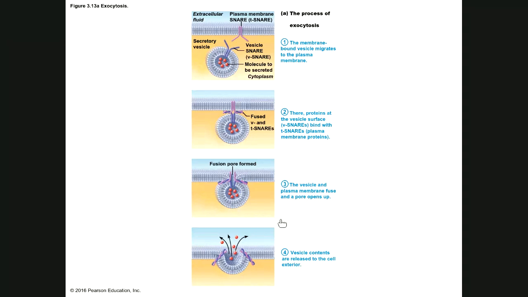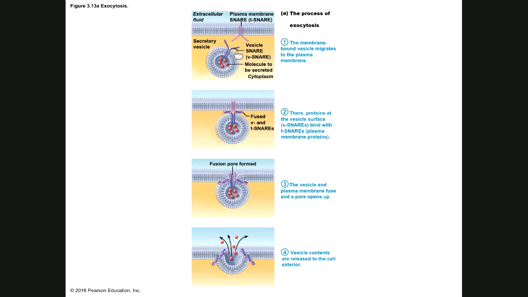Now, here is a picture of this whole docking process, and it's not nearly as complicated as it looks. So take up here, the top one, we have a secretory vesicle containing something that we need to exocytose. And notice that on the surface of this secretory vesicle, we have a V snare, V as in vesicle.